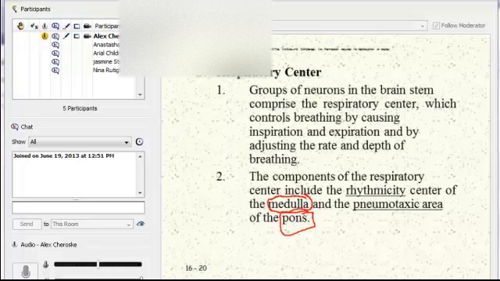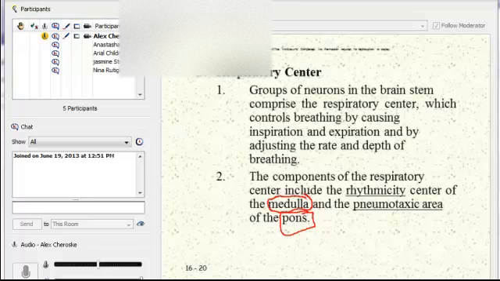Don't worry about those specific terms, okay? In essence, you need to know that both the pons and the medulla oblongata of the brainstem work to control respiratory rate. For the most part, it's the medulla, which is a little bit lower down, which has direct control, with nerves going down to the diaphragm, to tell it how big of a breath to take and how fast to do so.